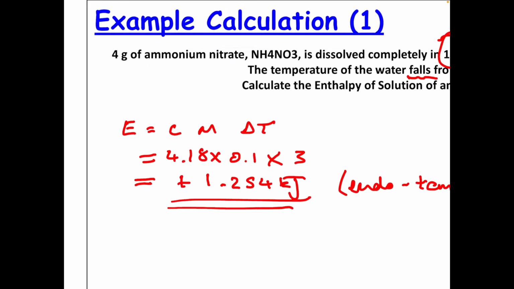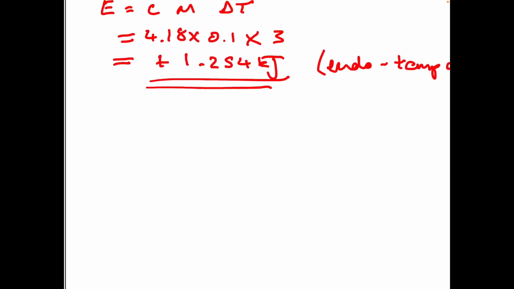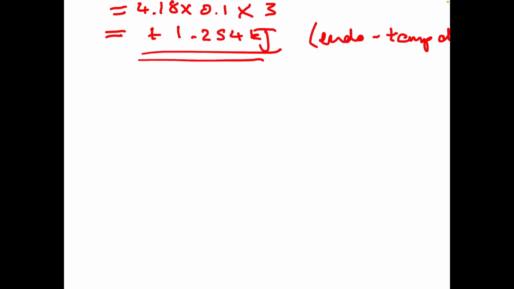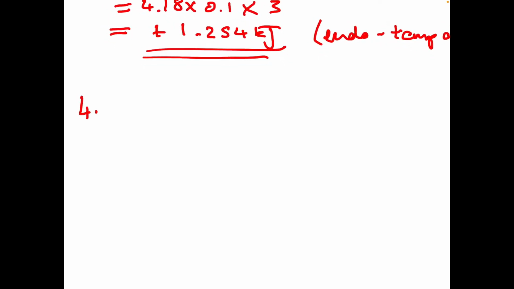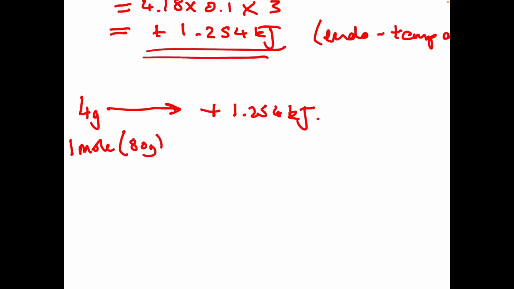Let's work this out. We know from our equation that we've calculated already, our energy change when 4 grams is dissolved is going to be plus 1.254 kilojoules. We're going to work it out for 1 mole, which we said was 80 grams, and we're going to do new over old times other side.